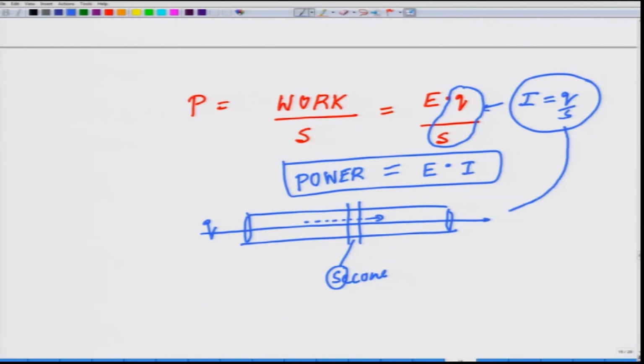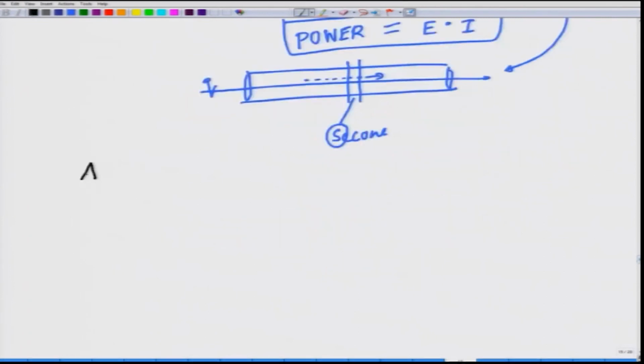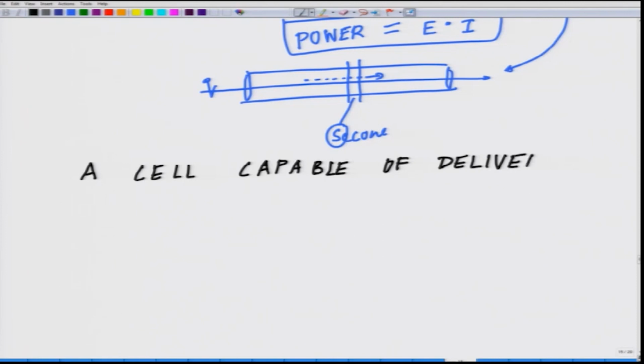And here is the diagrammatic view. So, a cell, if we talk about a cell now, a cell capable of delivering 1 ampere.